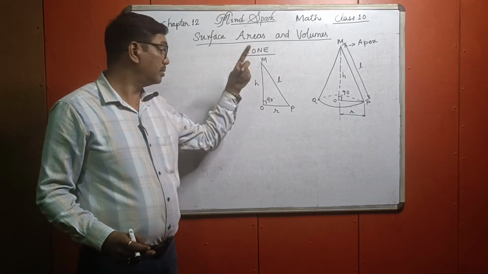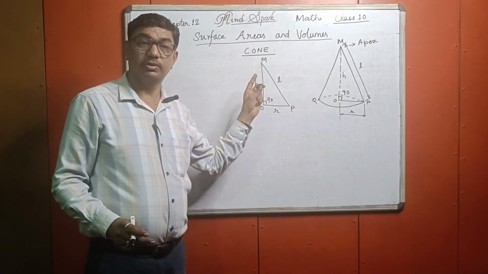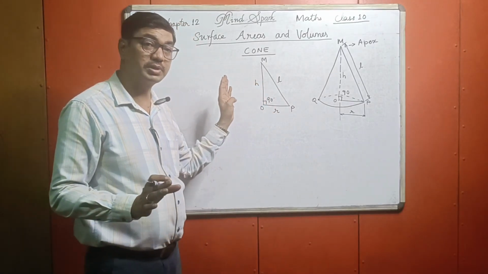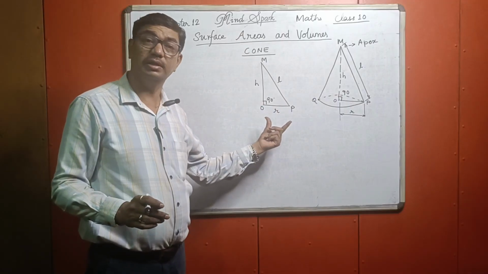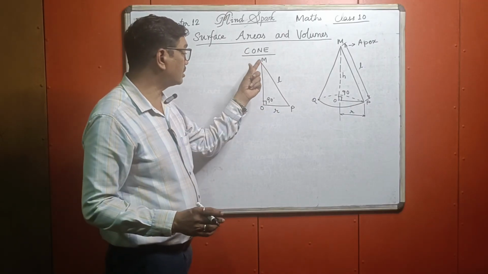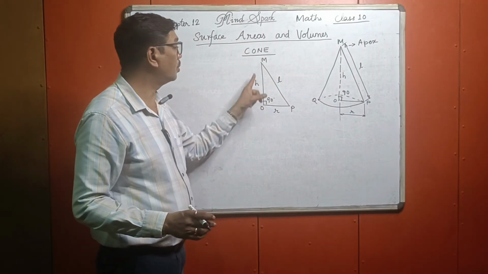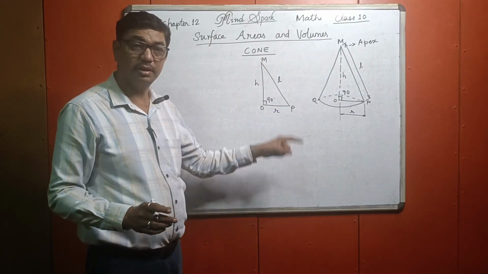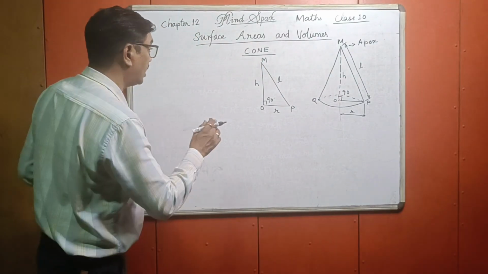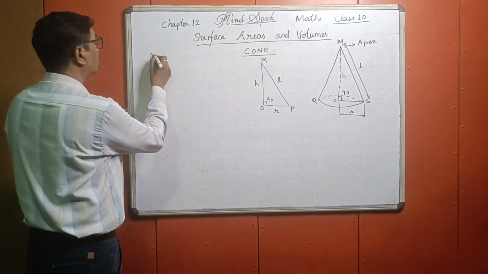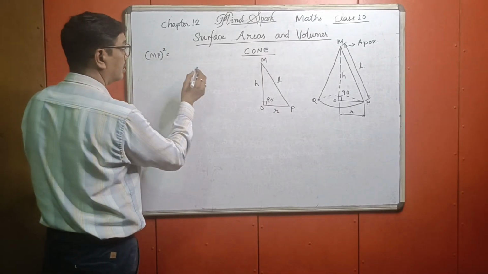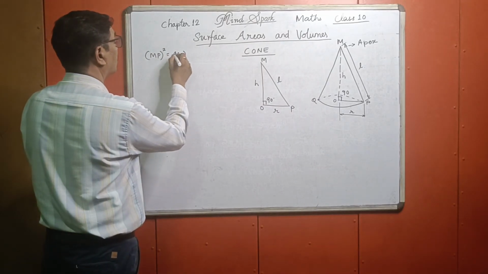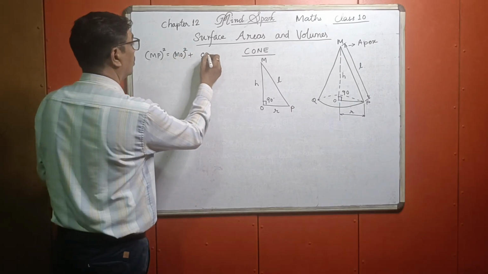When you apply Pythagoras theorem, what is Pythagoras theorem? It states that the square of the hypotenuse is equal to the sum of the squares of the other two sides. The other two sides are OP and OM, and MP is the hypotenuse. So MP square is equal to MO square plus OP square.